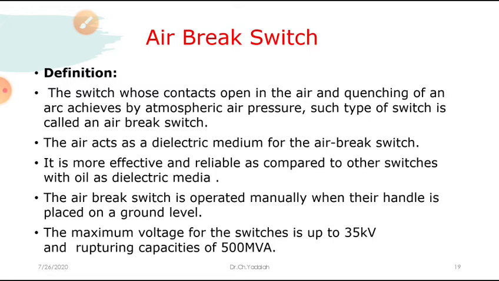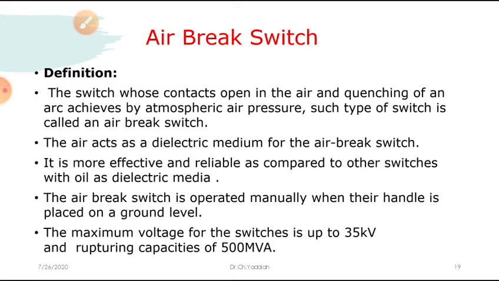Sometimes we use 66 kV, and regularly we use 132 kV, 220 kV, 400 kV and 765 kV. So the medium voltages are 33 kV and 11 kV only. Here we use AB switches for closing and opening our circuits.